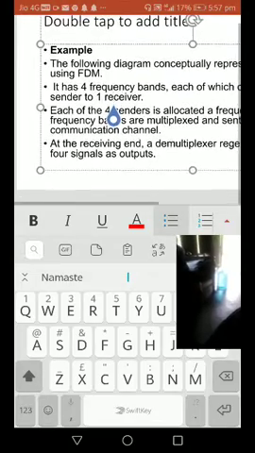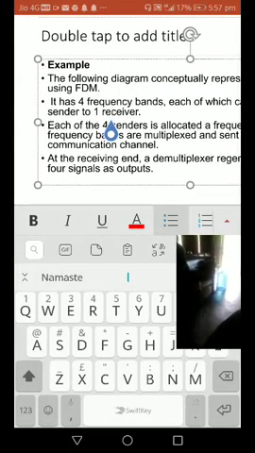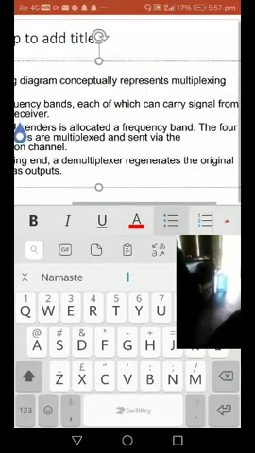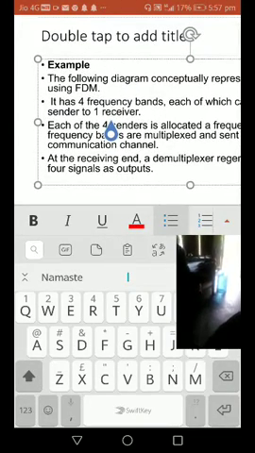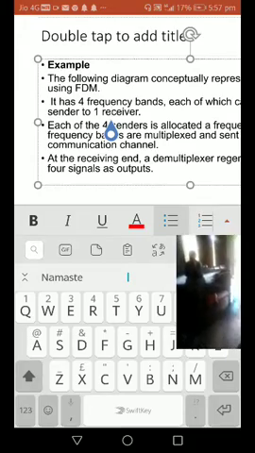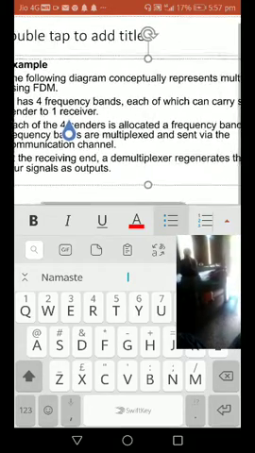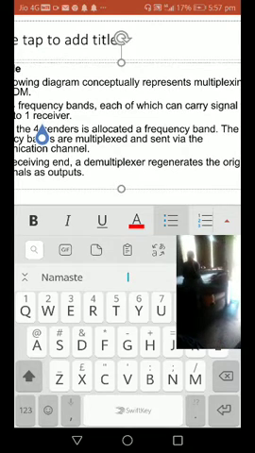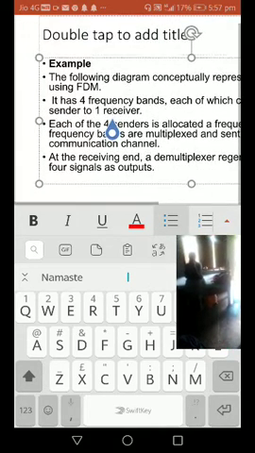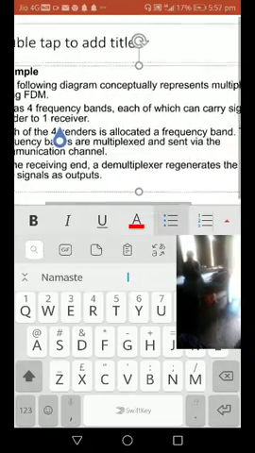Next, each of the four senders is allocated a frequency band. It means that for four users, separate frequencies are divided. Only the four frequency bands are there, each with fixed frequencies used by the individual user.